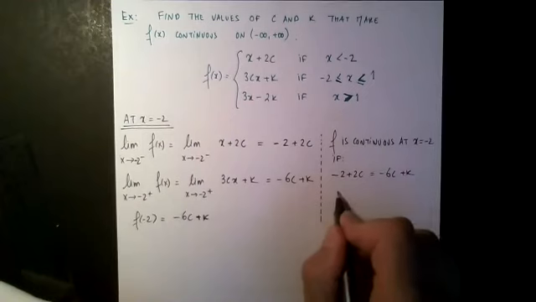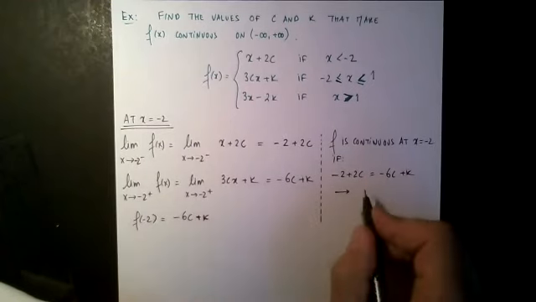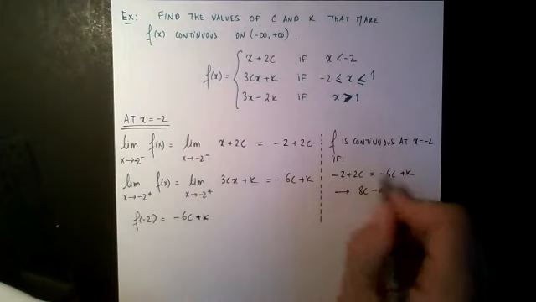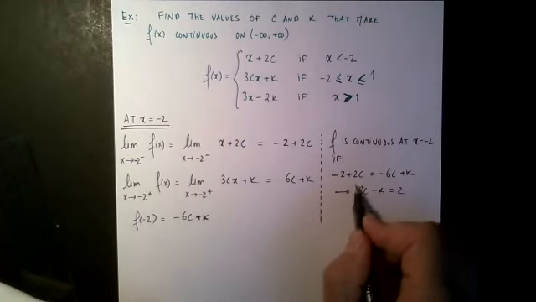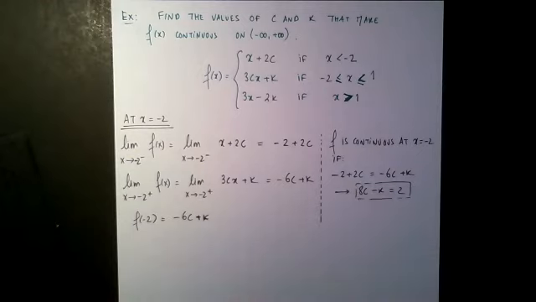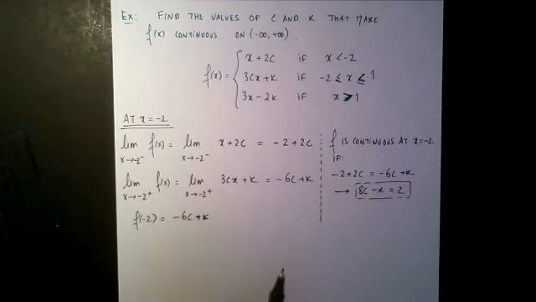And I will send everything on the left side. So I will get 8c minus k is equal to 2. So this is one little equation that I have here. So for the function to be continuous at minus 2, this relation between c and k needs to be satisfied. Questions?